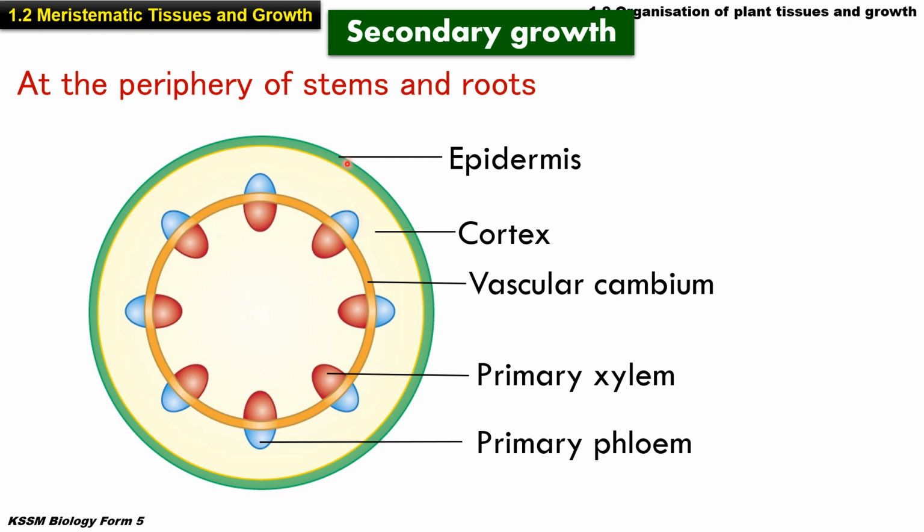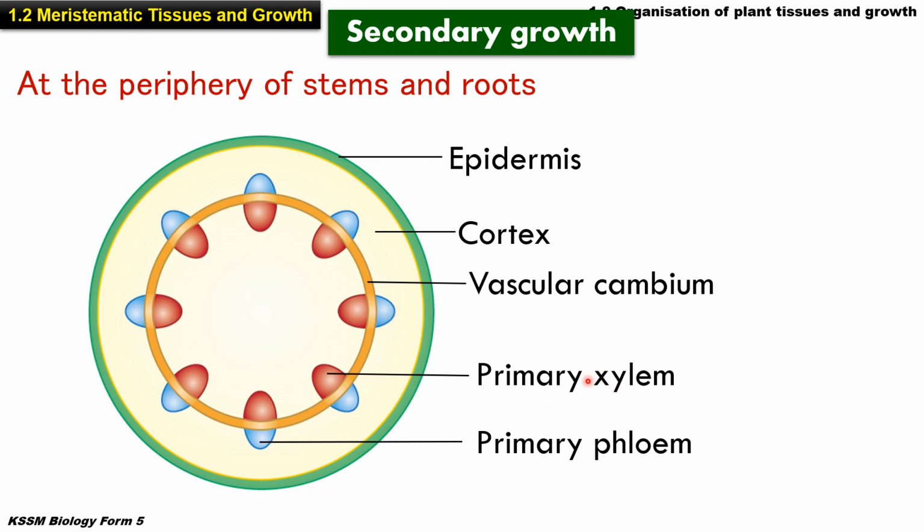Okay, epidermis. Kita belajar the tissue, epidermis, and then dia ada ground tissue ataupun lebih detail, lebih spesifik, it has the cortex, and then adanya this color for the ring, for the orange color is the vascular cambium, and then dia ada xylem, the red color, blue phloem.